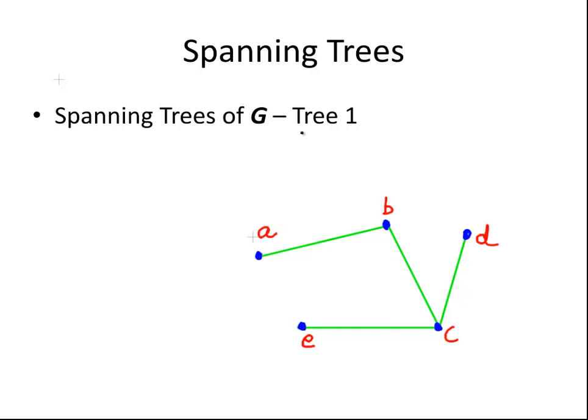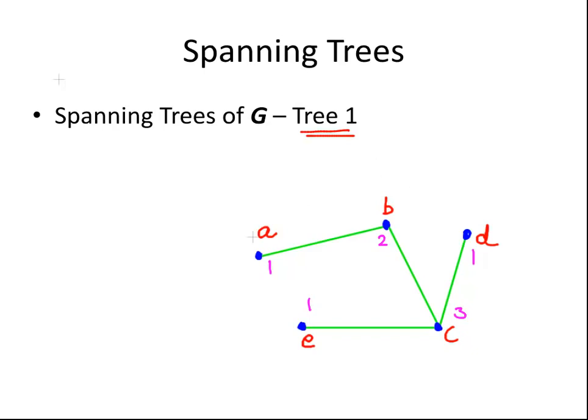The reason is I'm going to compare some of the trees later on, so we're going to make a record of the trees and which ones they are. Let's also make a note of the degree sequence. 1, 2, 3, 1, and 1. Okay, so that's the degree sequence of tree 1.